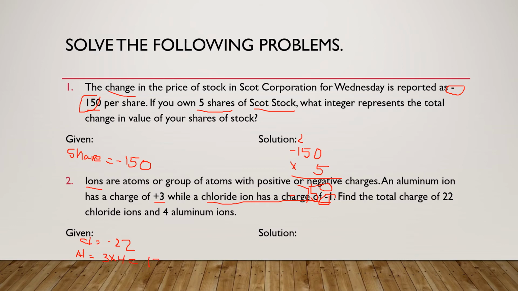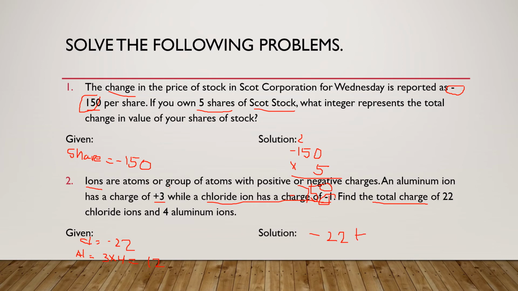12. Okay. So when we are going to combine, so we have group of atoms, what are we going to do? So we have here negative 22. So the total charge, no? So we need to get the total charge. That means we need to add.